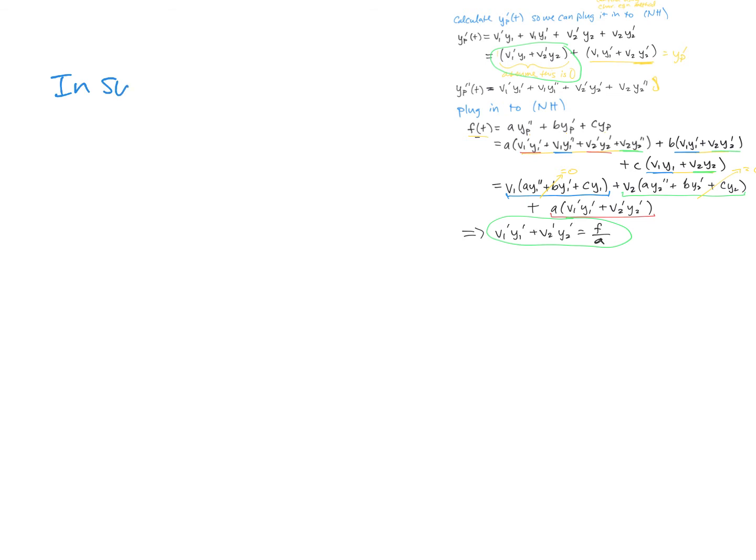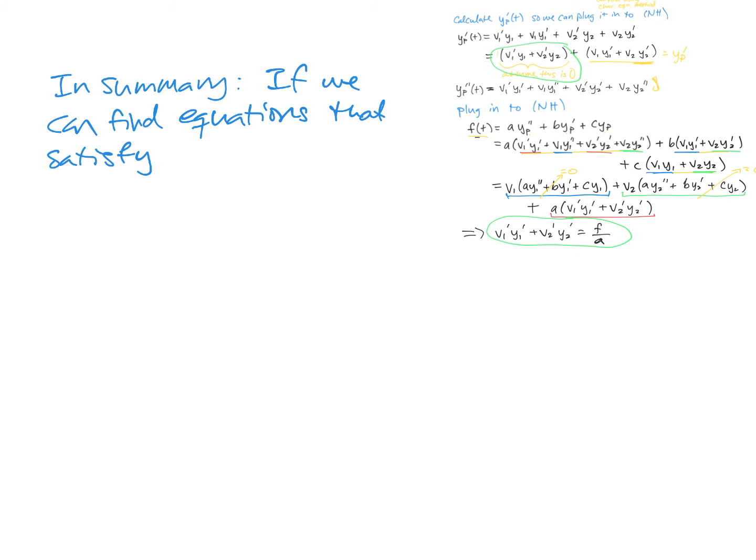So in summary, if we can find equations that satisfy the two restrictions that I have circled in green over on the right, we've got y1 v1 prime plus y2 v2 prime equals 0, and that's this one right here.